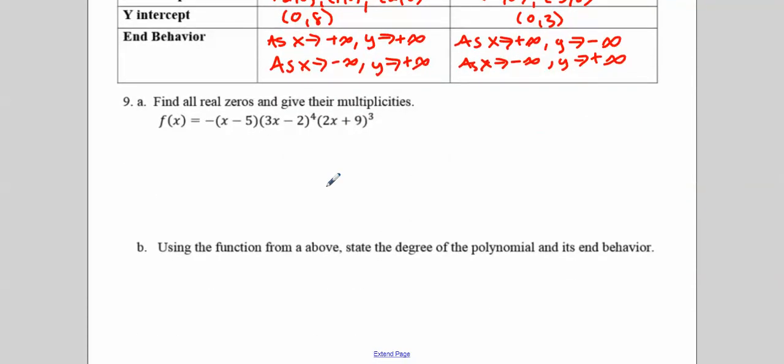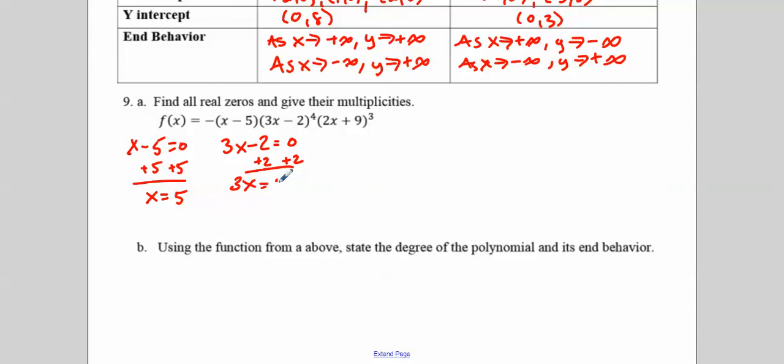Okay, find the zeros and give their multiplicity. So basically you're just setting your factors equal to 0. First one, x minus 5 equals 0. Add 5 to both sides. X equals 5. Second one, 3x minus 2 equals 0. Add 2. 3x equals 2.